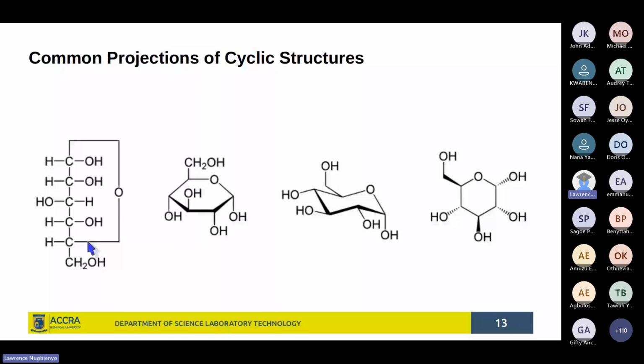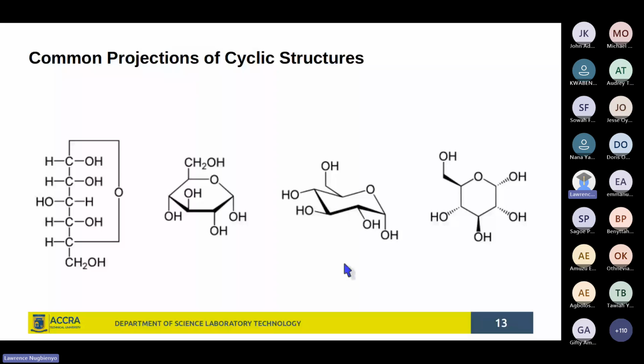And then what we actually saw, how the molecule really comes out, is the Haworth projections. You see also cyclic structures, mostly presented in chair conformers. We saw that you can have both conformers as well.